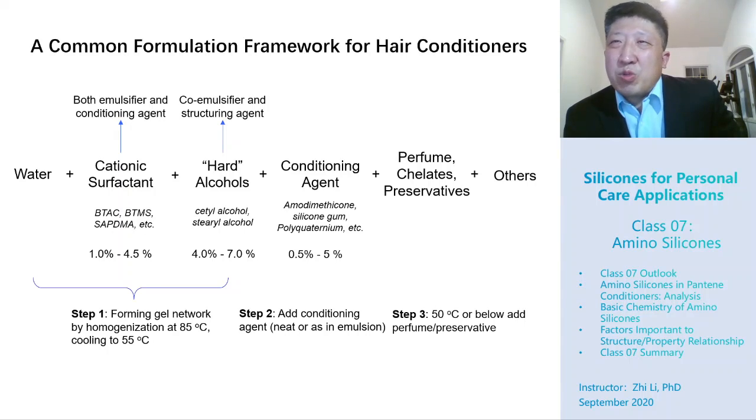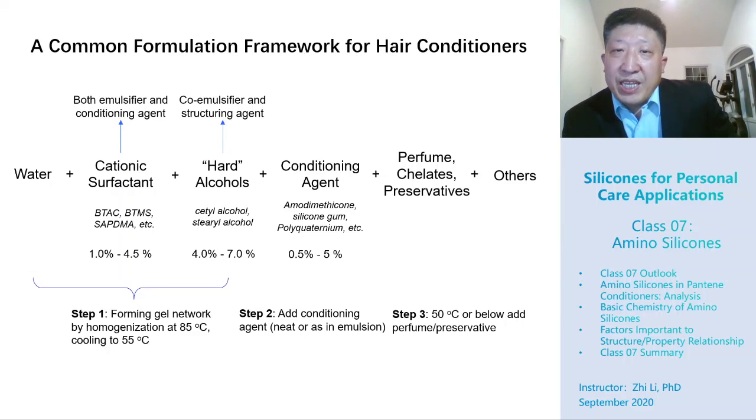This has been one of the most common formulation types for 40, 50 years, so there must be some reason. Let's look together. This formulation framework, which is actually used by P&G, as I will talk about later, involves water. The majority is water plus cationic surfactant. What are the cationic surfactants we're talking about?